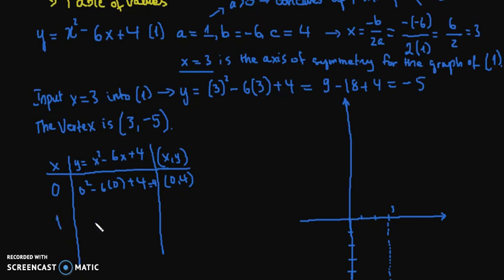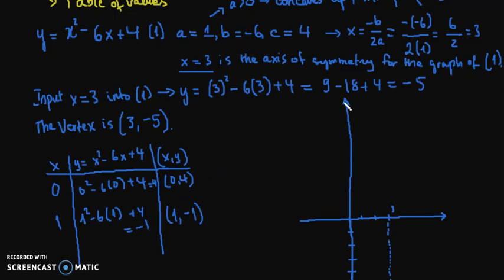Let's try x equal to 1. Here we have 1 squared minus 6 times 1 plus 4, and this equals 1 minus 6 plus 4, which is negative 1. So x equal to 1, y equal to negative 1.